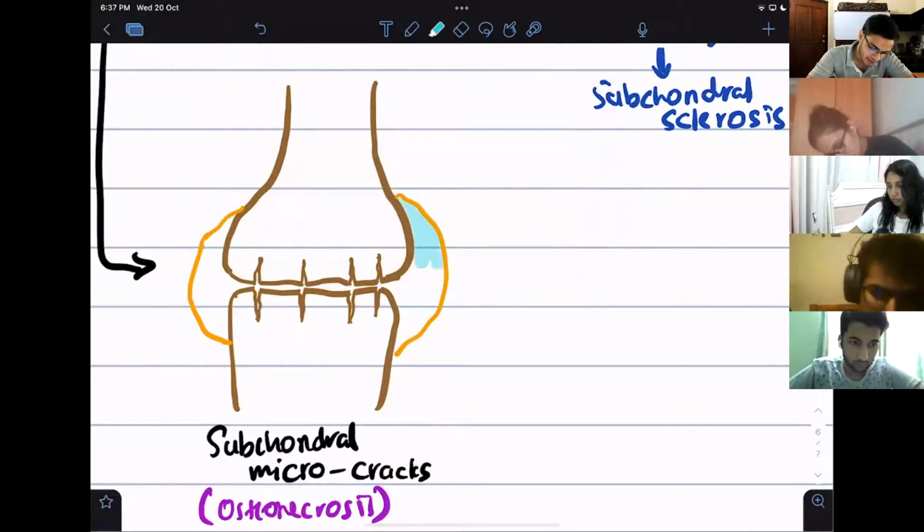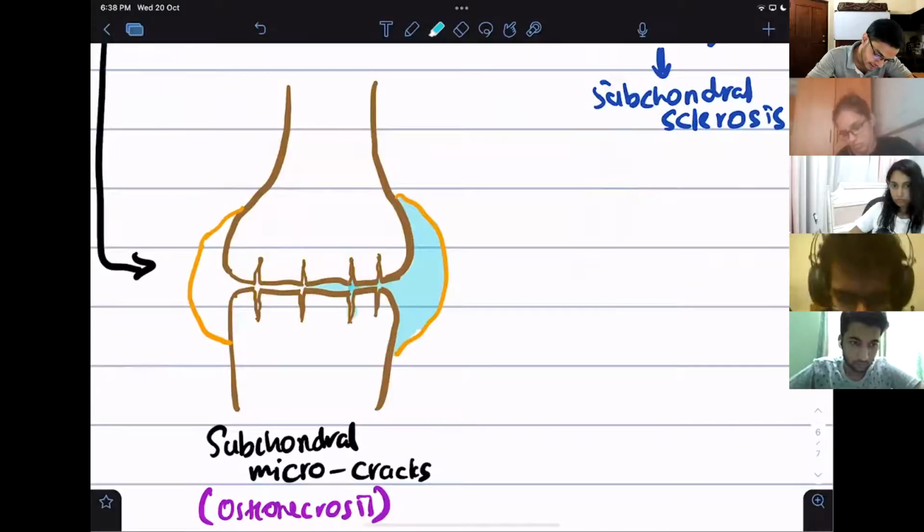What happens, guys? Now the synovial fluid can enter these subchondral microcracks and reach the bone.